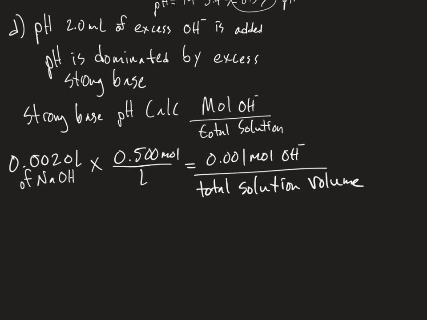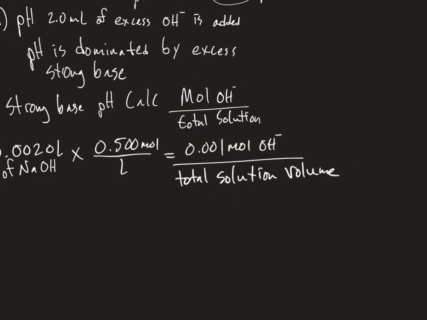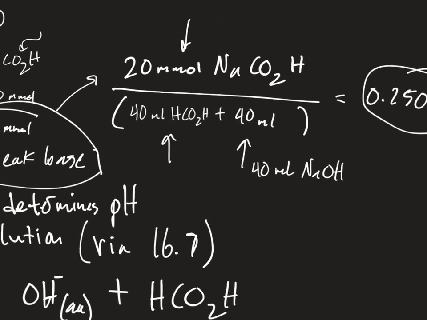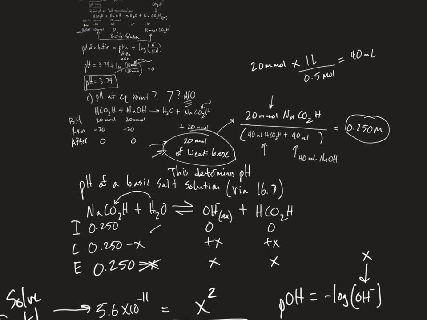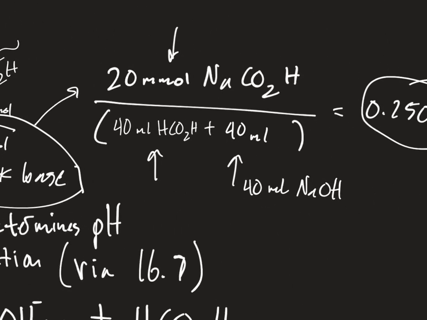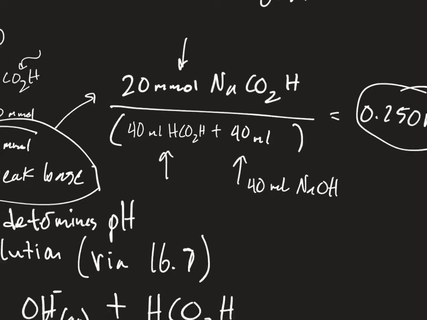All we need to do there is remember that at the equivalence point, we had 80 milliliters of solution. That came from this fact up here. At the equivalence point, we calculated that we needed to add 40 milliliters of NaOH to 40 milliliters of our original solution.